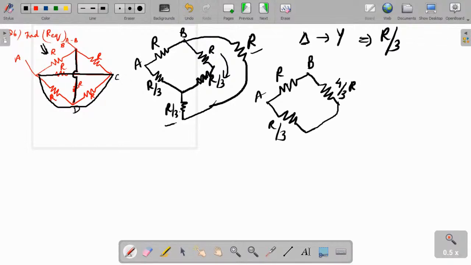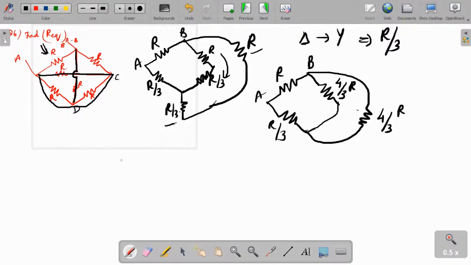It is between B and here. So this will be one more 4 by 3 R. Now these two are in parallel, 4 by 3 R and 4 by 3 R.